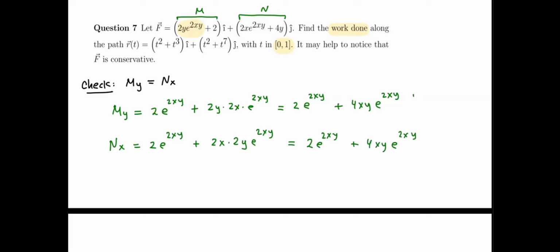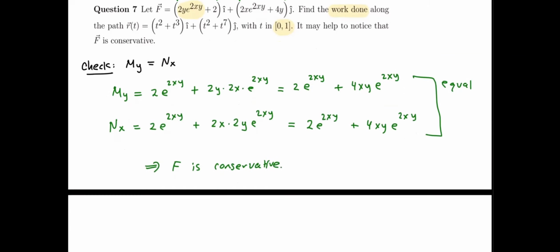As you can see, these two things are equal. Therefore, this implies that F is conservative. Since it is conservative, we can use the fundamental theorem of line integral. That means to find the work along this path from 0 to 1, we know this is the integral along the curve C of F dotted with dr, and this is going to be the potential function little f.